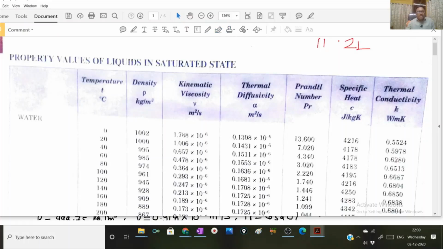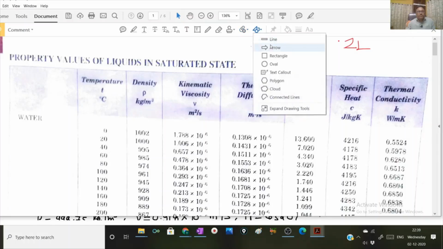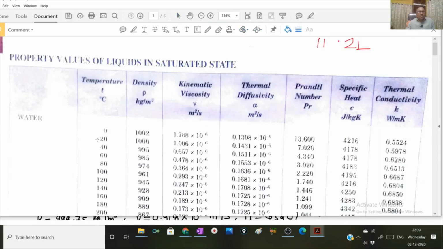As you can see here, properties are not given at 25 degrees Celsius. Rather, properties are given at 20 degrees Celsius and 40 degrees Celsius. So our reference temperature of 25 degrees Celsius lies between these two temperatures.